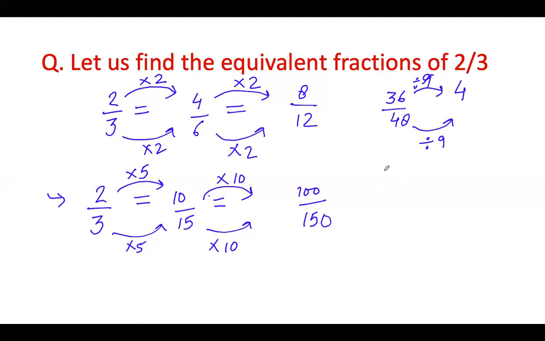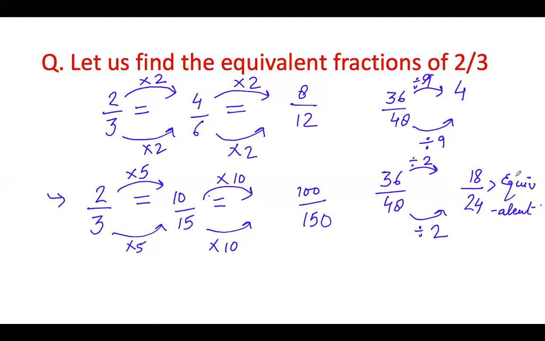So which number can we divide by? We can divide by 2, both the numerator and the denominator, and we get an equivalent fraction. What can we get? We can get 18/24, right? So this is an equivalent fraction. If the numerator and the denominator of a fraction are divided by the same number, we get an equivalent fraction.